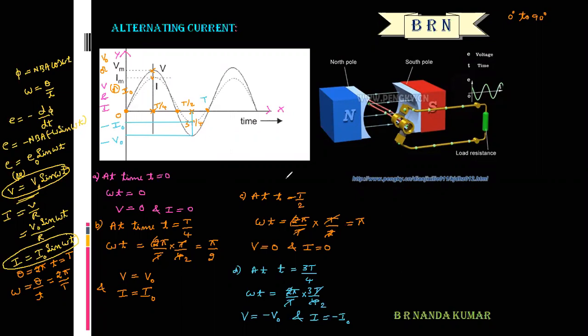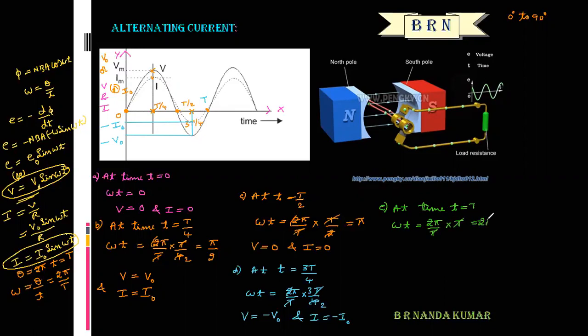At time t is equal to T, omega is 2 pi by T, and T gets cancelled.